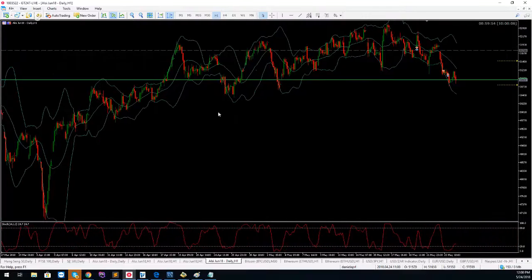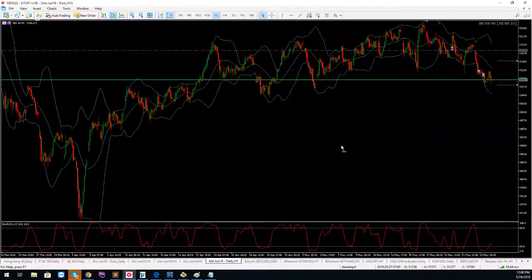We look at 38, 50, 61, and 78%. Those are the different levels of a physical retracement. All right, and then we also use the Fibonacci to set our target. So if we're in a trade, where do we take our money? We take our money on the 23, we take our money on the 61% of Fibonacci numbers.